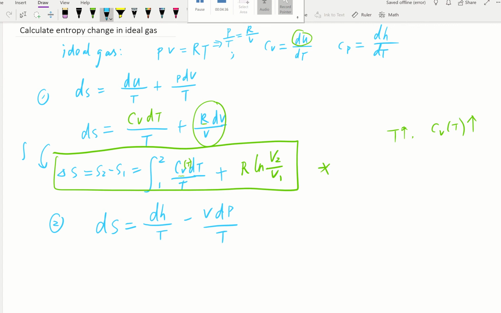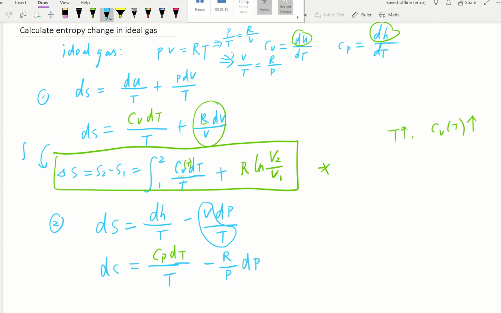Okay, so knowing that, we can go ahead and substitute our dh, which is Cp dT, into this formula, over T, minus. So what will be v over T here? We can derive it from the ideal gas equation in another form: v over T will be equal to R over P. So using that, this v over T is replaced with R over P dP.